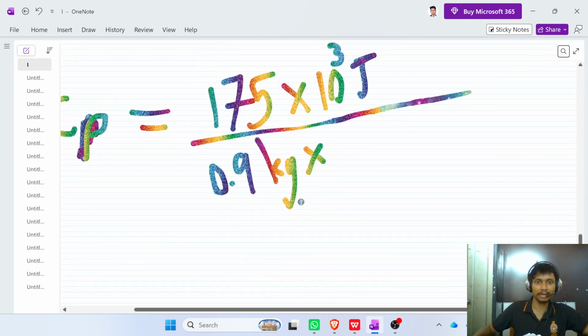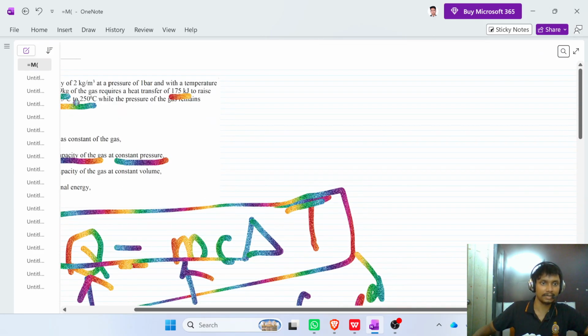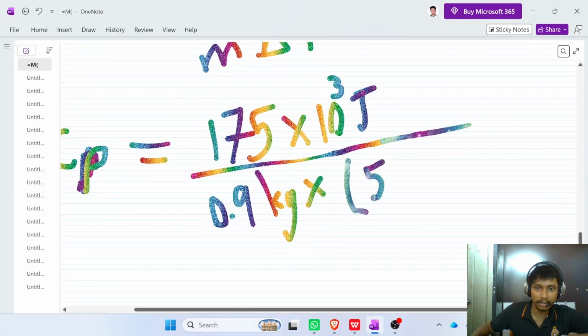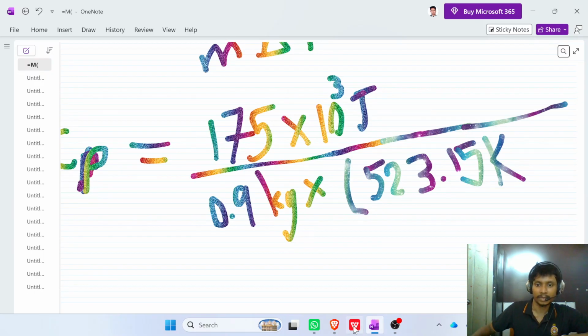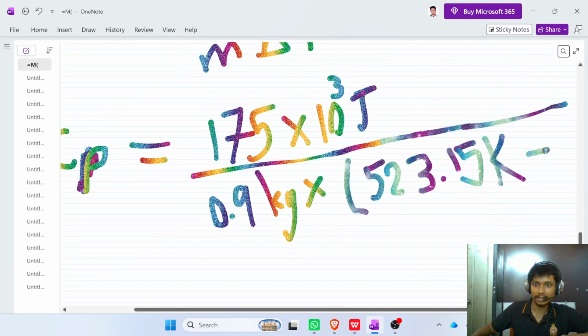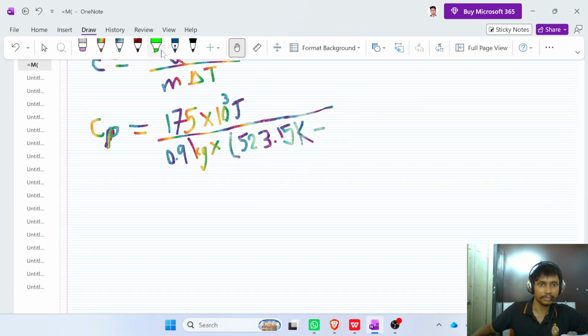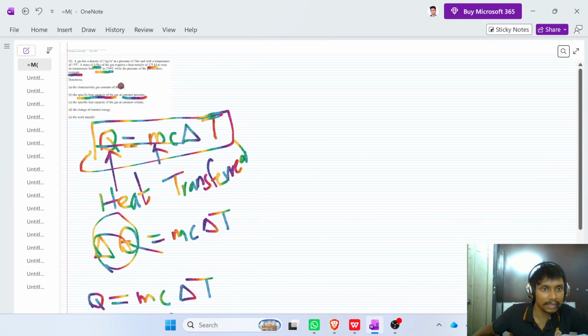175 into 10 to the power 3 joule divided by 0.9 kilogram into T2 minus T1. What is T2? 250 degrees Celsius, which we already found is 523.15 Kelvin, minus the initial temperature.